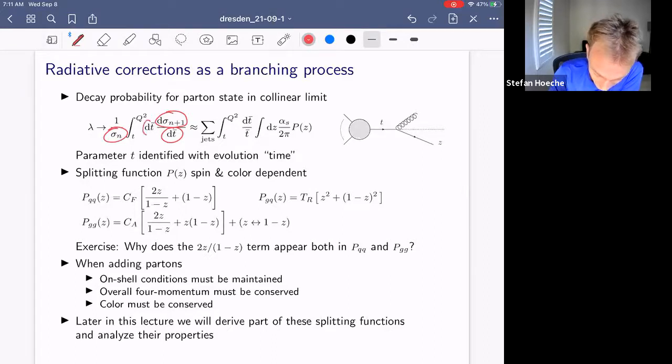And in the end, we integrate over t from some upper starting scale to some lower stopping scale. Okay, and this will be my lambda. So this lambda is actually a lambda that depends on two scales. Okay, so pictorially, this is shown here on the right.